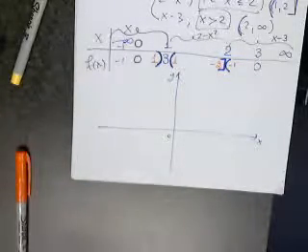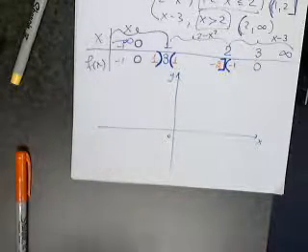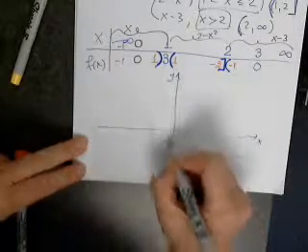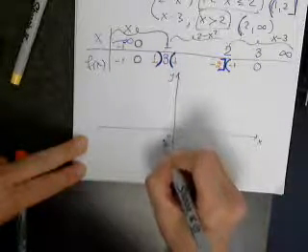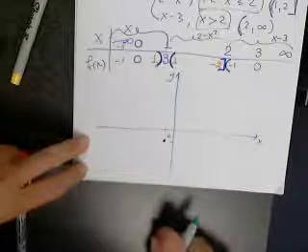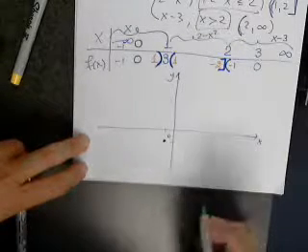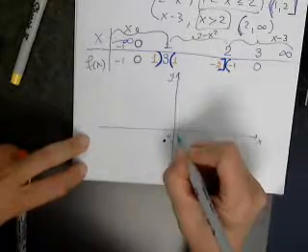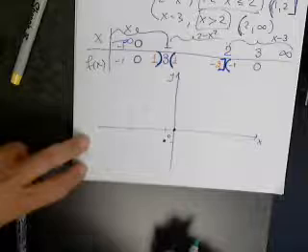Please give me the first ordered pair. Please give me the second ordered pair. You may have said it, I didn't hear it. Perfect, excellent. Please give me the next ordered pair.